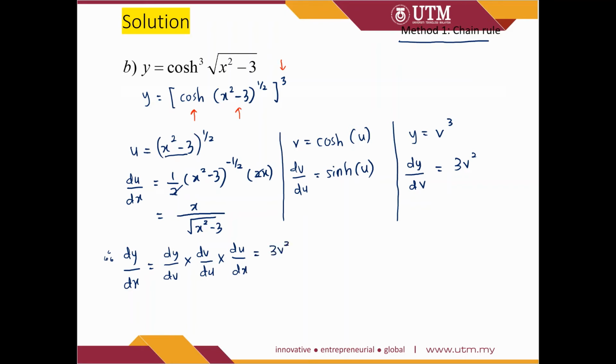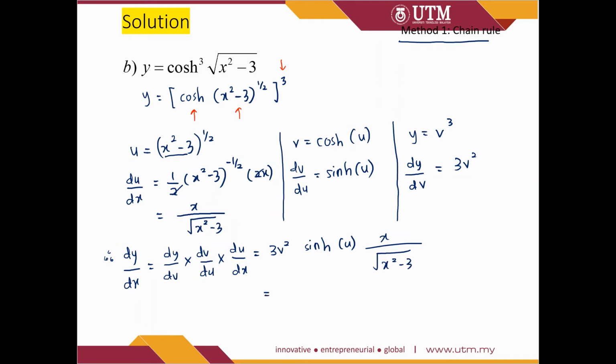Substituting all the functions, you get 3v squared sinh u, and the last one is x over the square root of x squared minus 3.